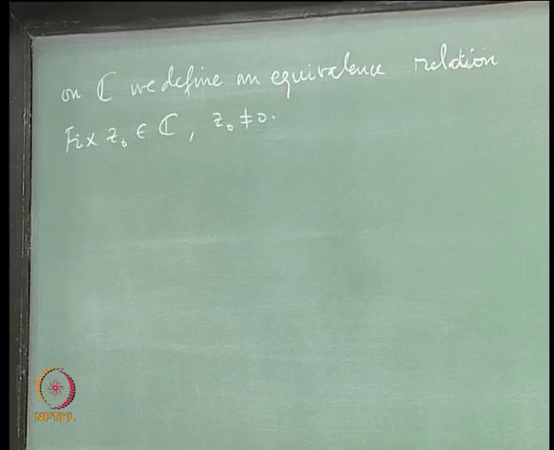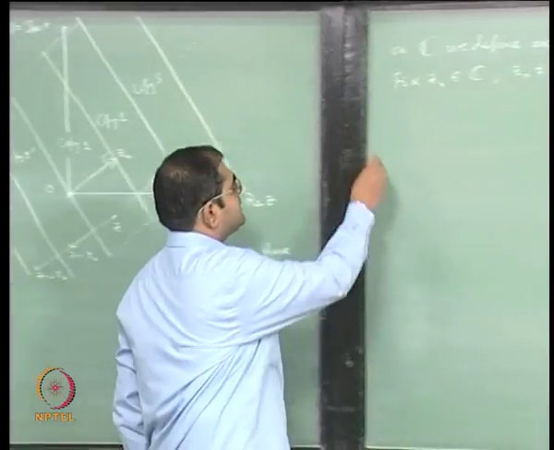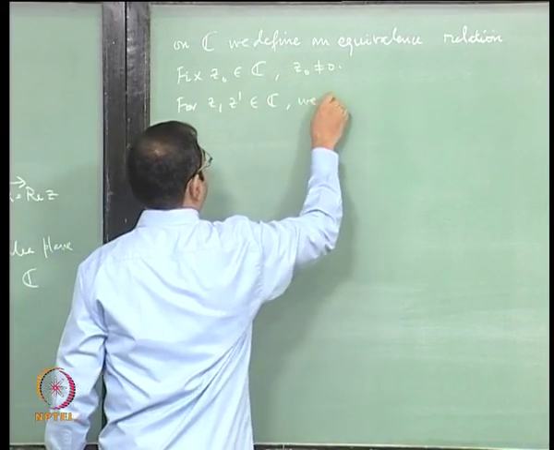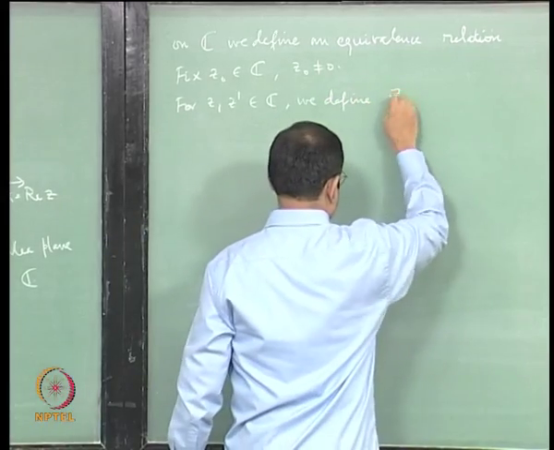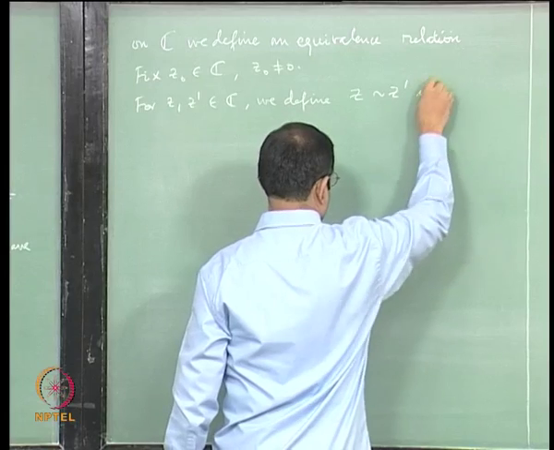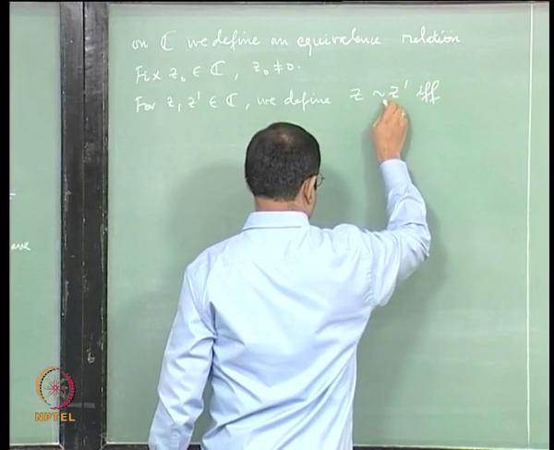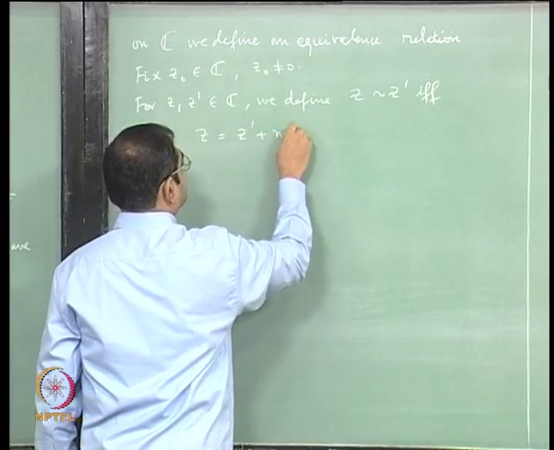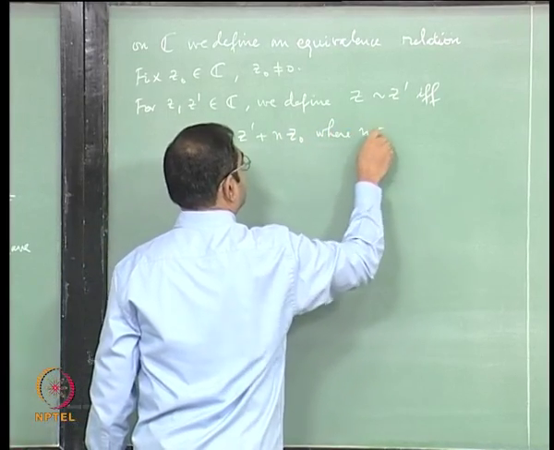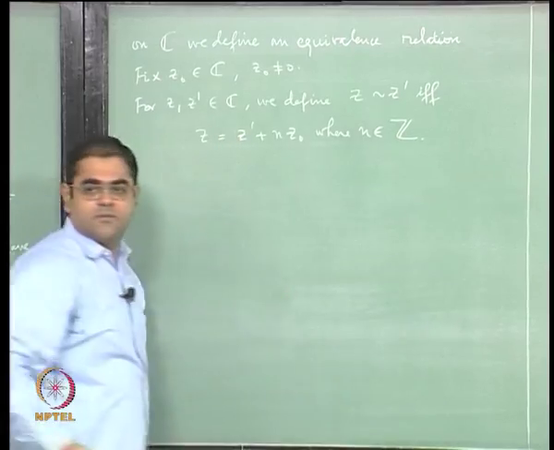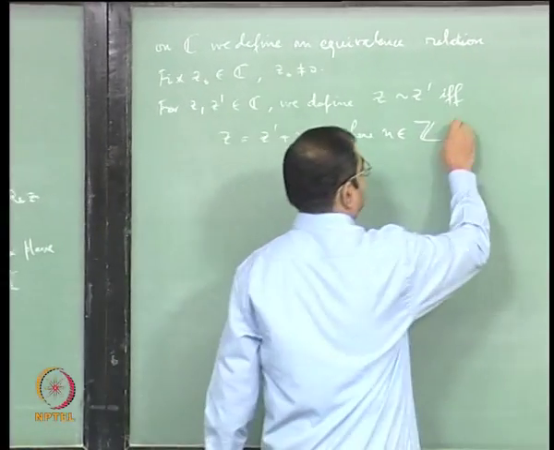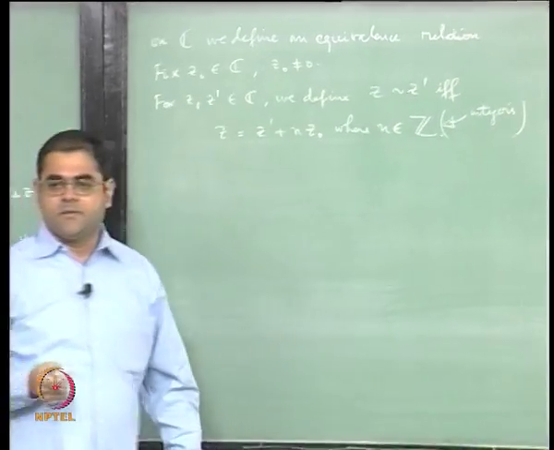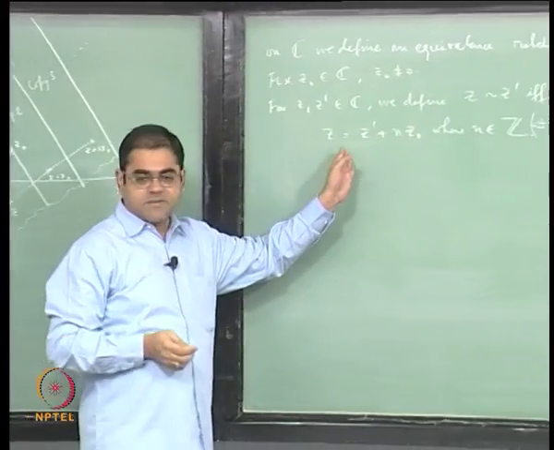Okay, so you think of z0 like this, and for z and z prime complex numbers, we define z is equivalent to z prime if and only if z is equal to z prime plus n times z0, where n is an integer. So this script Z denotes the set of integers. Okay, so you can easily check that this is an equivalence relation.